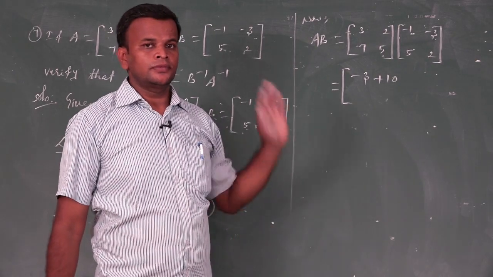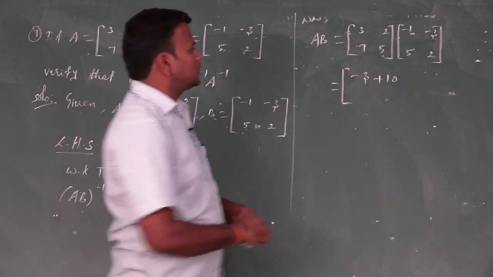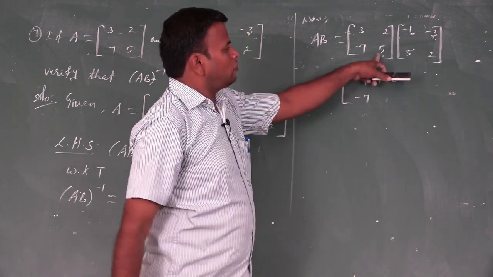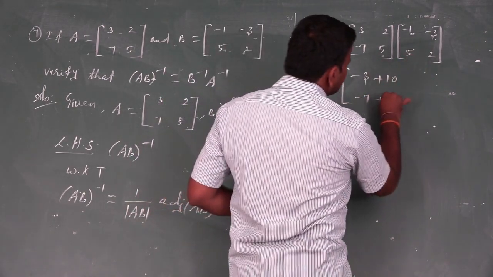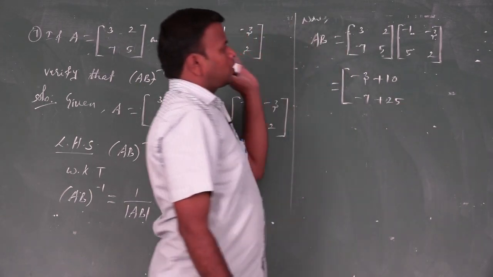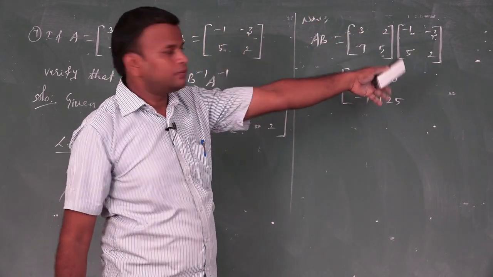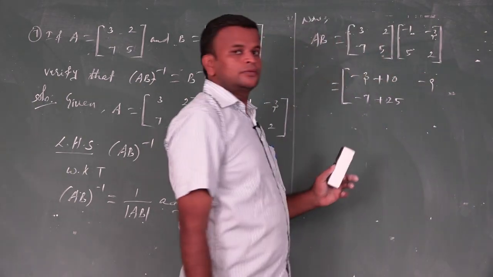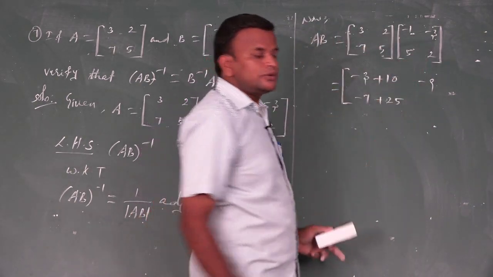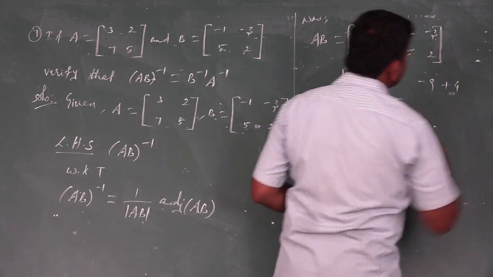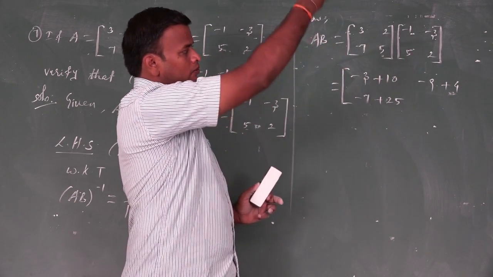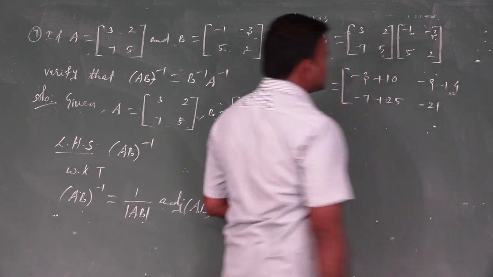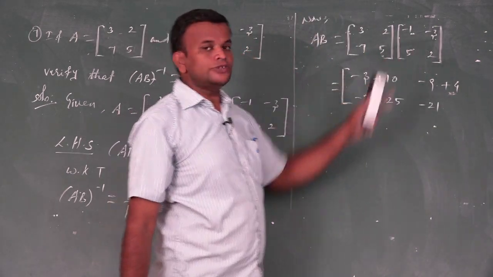Next step, second row, first column. 7 into -1 is -7, 5 fives are plus 25. Now first row, second column. 3 into -3 is -9, 2 into 2 is plus 4. Second row, second column. 7 into -3 is -21, 5 twos are plus 10.